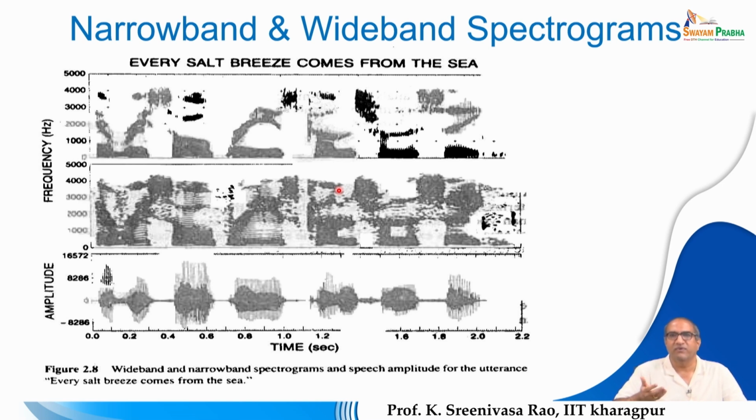Those frequencies are nothing but the resonant frequencies offered by the oral cavity at that particular point in time for a given sound unit. So you can observe in the spectrograms 3 to 4 dominant ranges of frequencies, because of these dark patches.